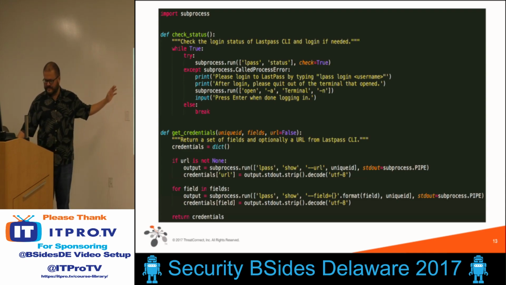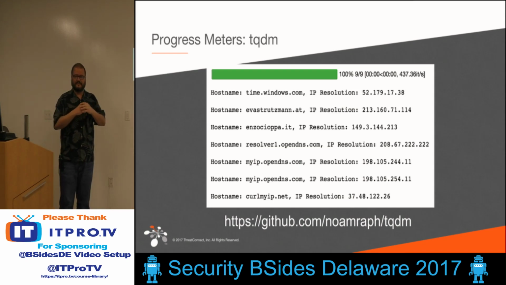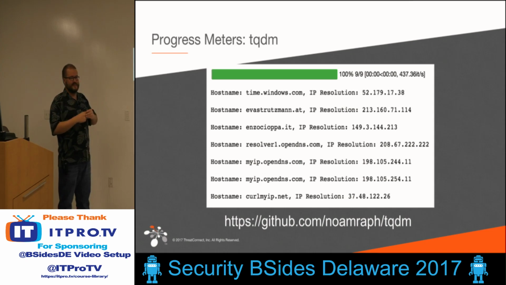I think I'll probably share this on GitHub somewhere when I get back later today. But this is another thing I'll show you. Progress meters are really good because when you're working on something that might be long-running code, and you've got a loop, you don't want the loop to get stuck for some reason that you can't see, because if you're not using a debugger like PDB, you can't really see that something has hit a wall or got stuck in a loop.